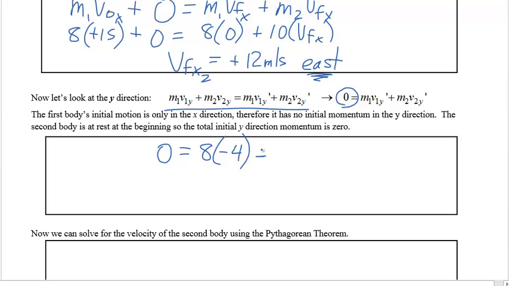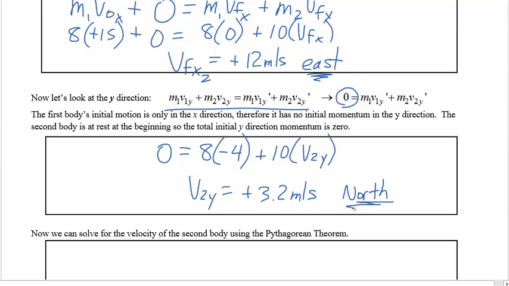And so we can figure out how fast the 10 kilogram ball is moving in the Y direction. So solving for that, we get that the 10 kilogram mass is moving slower. It comes out to be positive, so it's moving at 3.2 meters per second. And because it's positive, we know it's moving in the north direction.